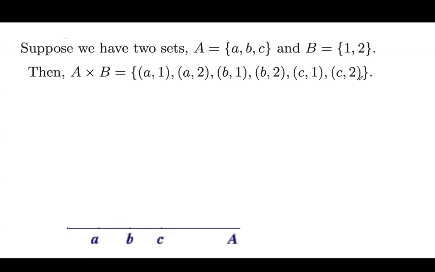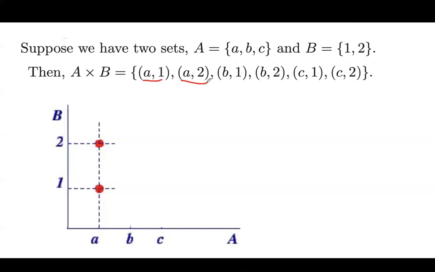Set A on the horizontal line and set B on the vertical line. The elements of set A are a, b, c. So you have a, b, and c. On the vertical line, you have set B including 1 and 2. Okay, (a, 1) and (a, 2) are the very first two ordered pairs.